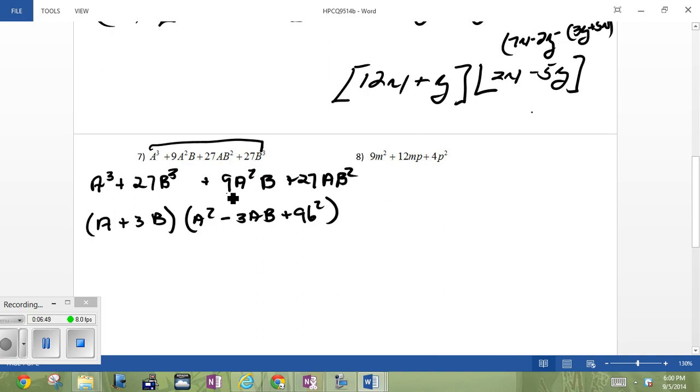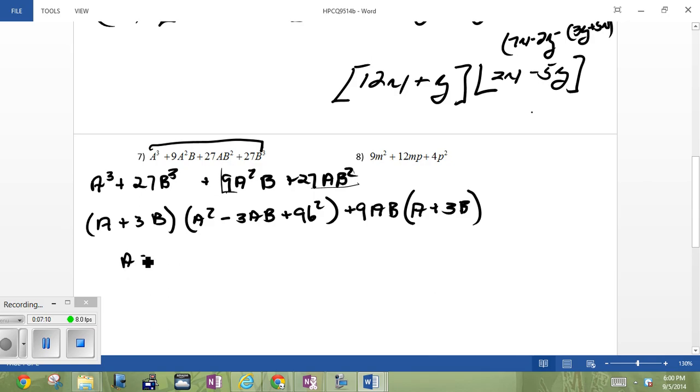And from the second grouping here, I got a 9 that's common, so I'm going to pull that out. I've got an a and I've got a b that's common. So 9ab is common to a plus 3b. A plus 3b is common to both.